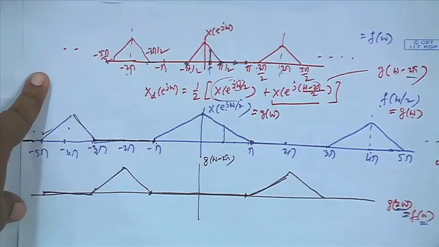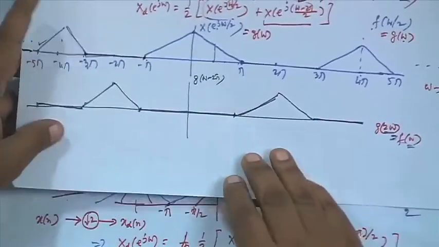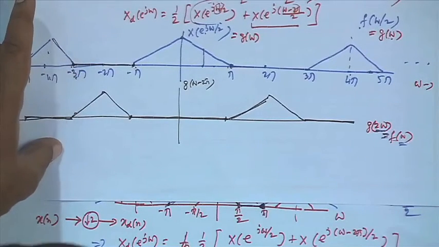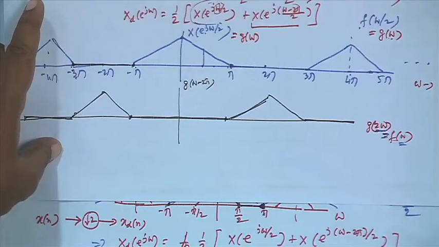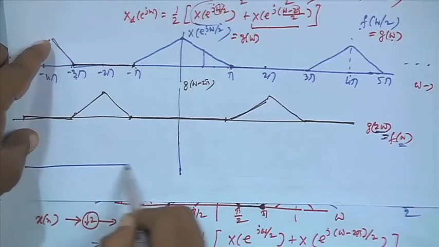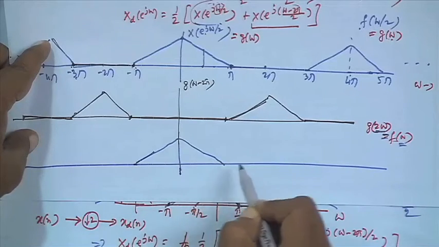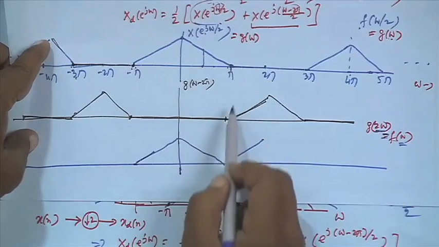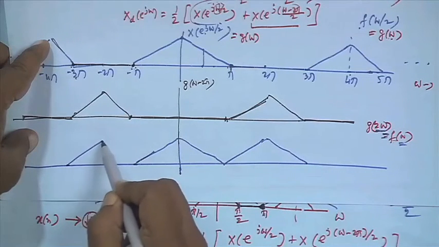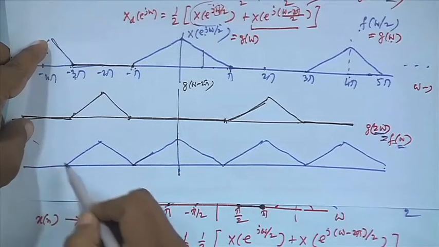likewise, then zeros. Okay. If you add the two, you get the final DTFT, minus pi to pi and then pi to 3 pi, dot dot dot.